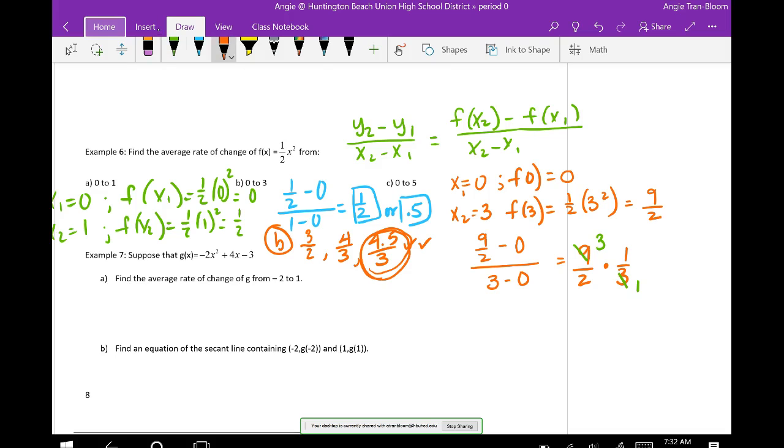So when I cross reduce, that's what I have. Now let's multiply. 3 times 1 is 3. 2 times 1 is 2. So this is the only acceptable solution for this average rate of change. Please do not leave it like that. That will not be acceptable. So the final answer is 3/2.